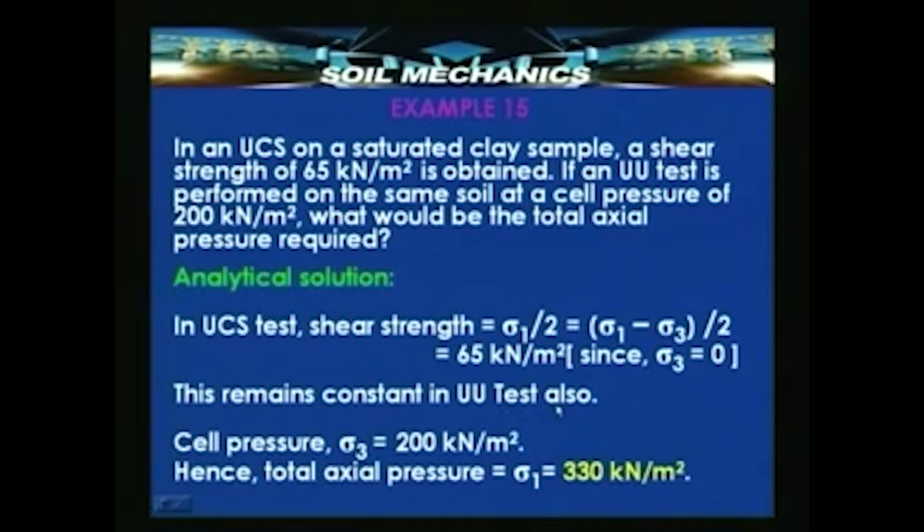Since this remains constant in the UU test, from here we can calculate sigma 1 minus sigma 3 plus sigma 3 and get sigma 1, the axial stress, which comes to 330 kilonewton per meter square in this particular case. This is a total pressure because it is an unconsolidated undrained test.